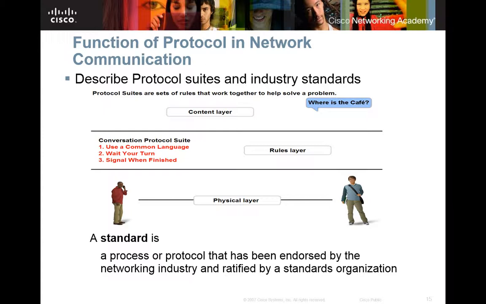It's a protocol suite. All a protocol suite does is define the common language, how traffic will be sent, and send a signal when it's finished. Pretty basic. A standard is a process or protocol that has been endorsed by the network industry and ratified by the standards organizations, like all your 802 standards.